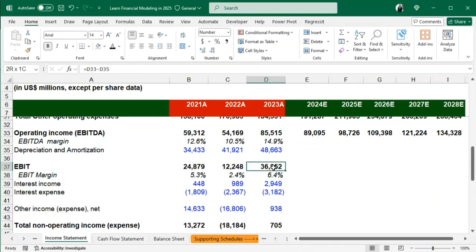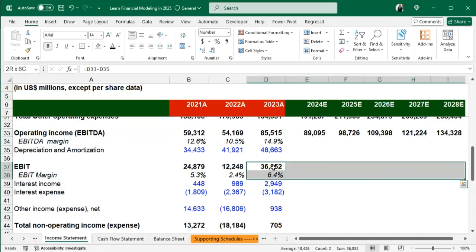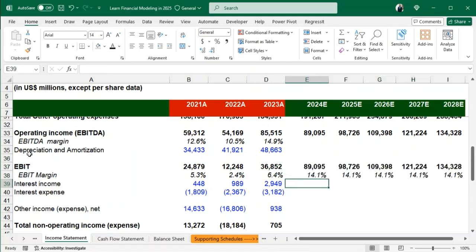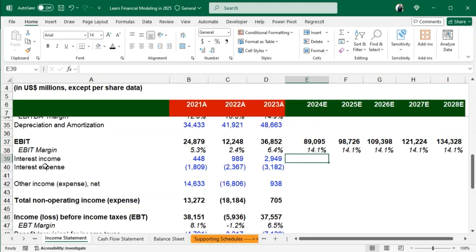Okay, so we can copy this and this to the right using Control R. For now, these figures are going to change once we insert depreciation and amortization figures. All right, so that is that. And then our interest income and interest expense is also going to be projected using the debt schedule under our supporting schedules and in a later video. So that's what we're going to do as well there.